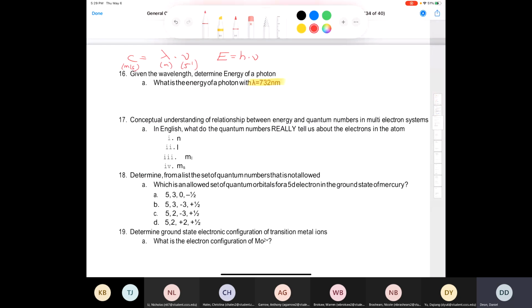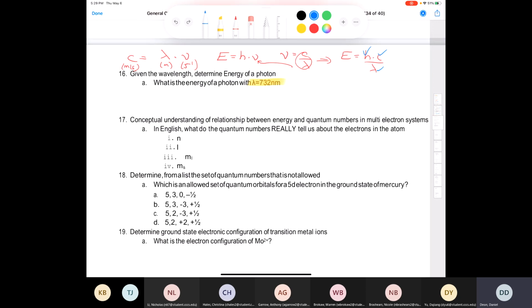So if we rearrange this formula to be frequency is equal to c over lambda, from there we can plug this into the frequency unit here, and we get E is equal to h times c divided by wavelength. We know Planck's constant, we have the speed of light, we have the wavelength, and we can calculate the energy. But we need to convert the wavelength into meters in order for the units to work out to give us joules.